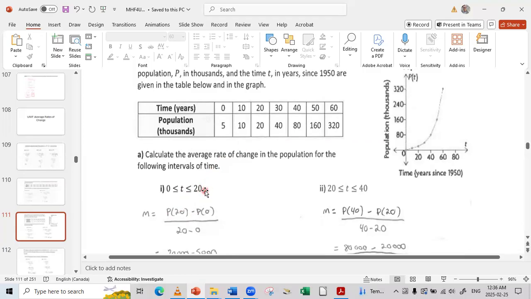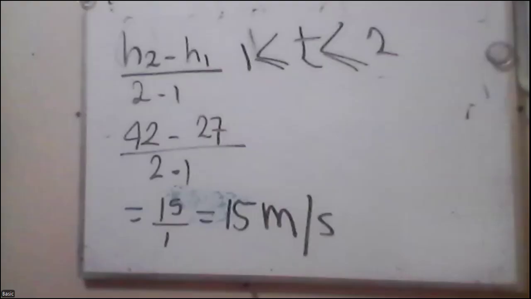I will go to year 20, and on year 20, the population is 20,000. Minus the population at year 0, which was 5,000. 0 means the current year. Divided by, again, here we go.